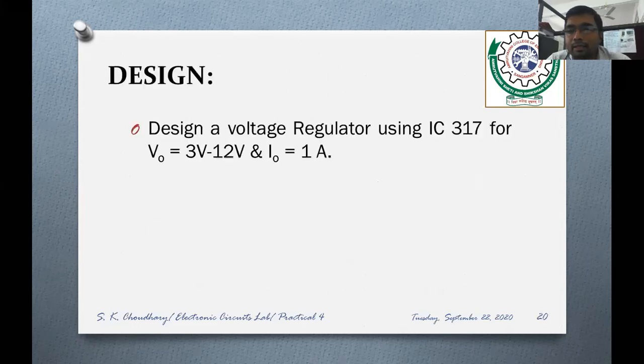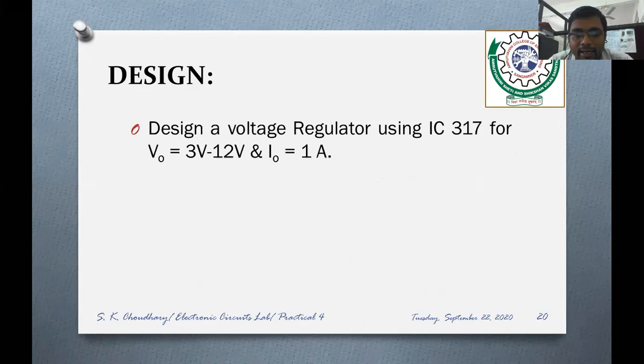Now we have to come to the design part. We have to design a voltage regulator using IC317 for an output voltage of 3 volt to 12 volt, with output current I0 of 1 ampere maximum.